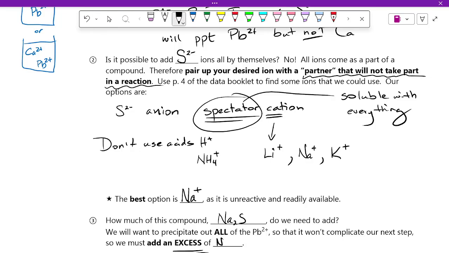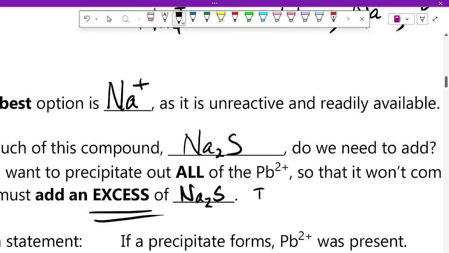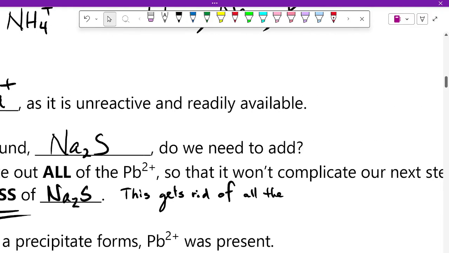of Na2S. This gets rid of all the lead, so we don't get a false positive in the next step.